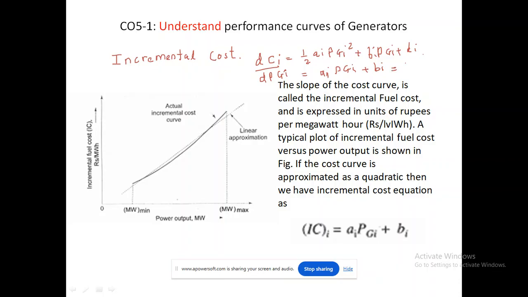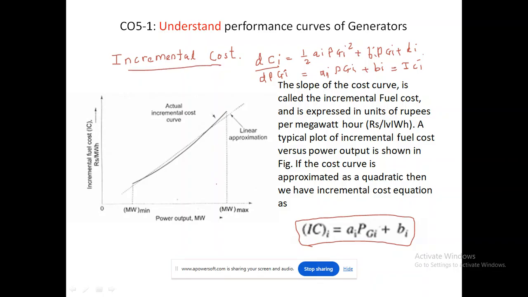And this is called the incremental cost function, ICI. So here it is written, the incremental cost function. You have to remember that this is the incremental cost function. Now it is very simple: the cost curve we have learned, if you differentiate that, then we will get the incremental cost curve.